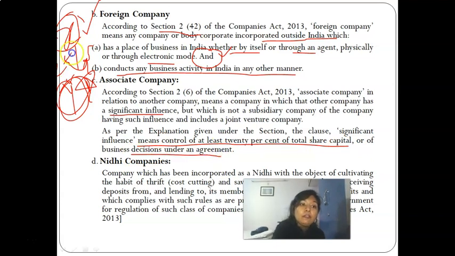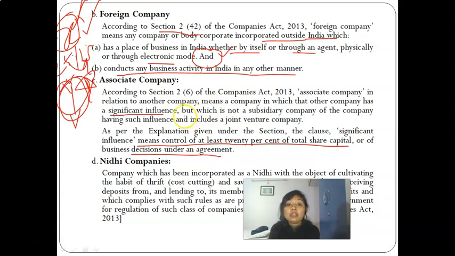So at least 25% share is being held by X Limited in Y Limited, or it controls a business decision via any agreement, joint venture agreement or any other agreement, strategic alliance agreement or something like that. So for X Limited, Y Limited will be its associate company.